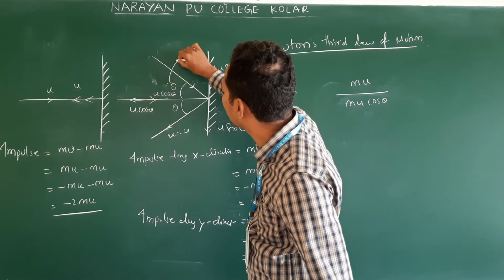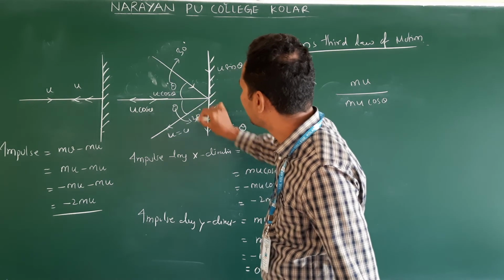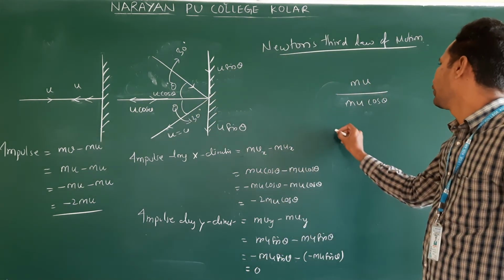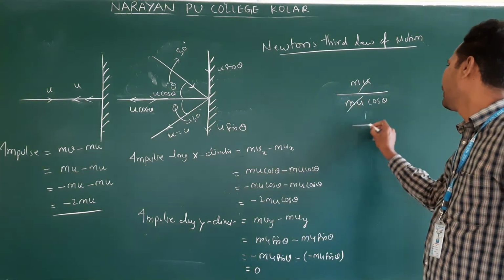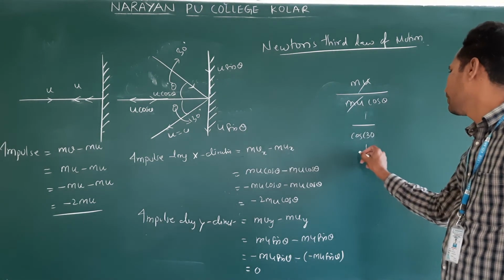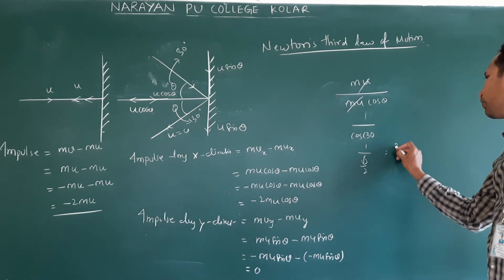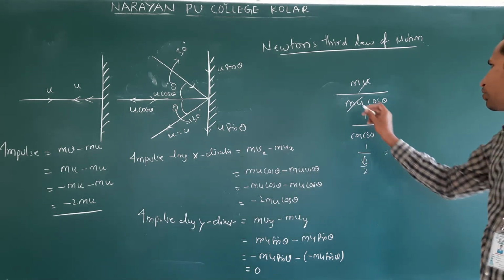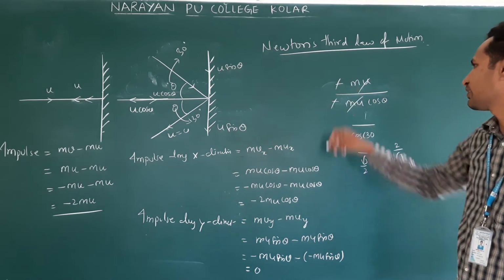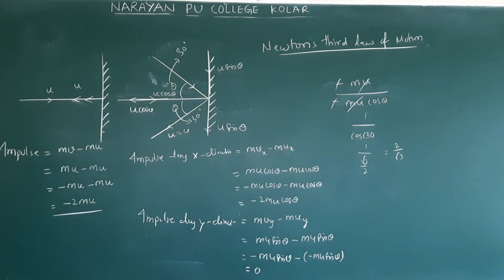This theta is 30 degrees, this is also 30 degrees. Then m u cancels, leaving 1 by cos 30. 1 by cos 30 means 1 by root 3 by 2, which is 2 by root 3. Of course, the two minus signs also cancel. So 2 by root 3.